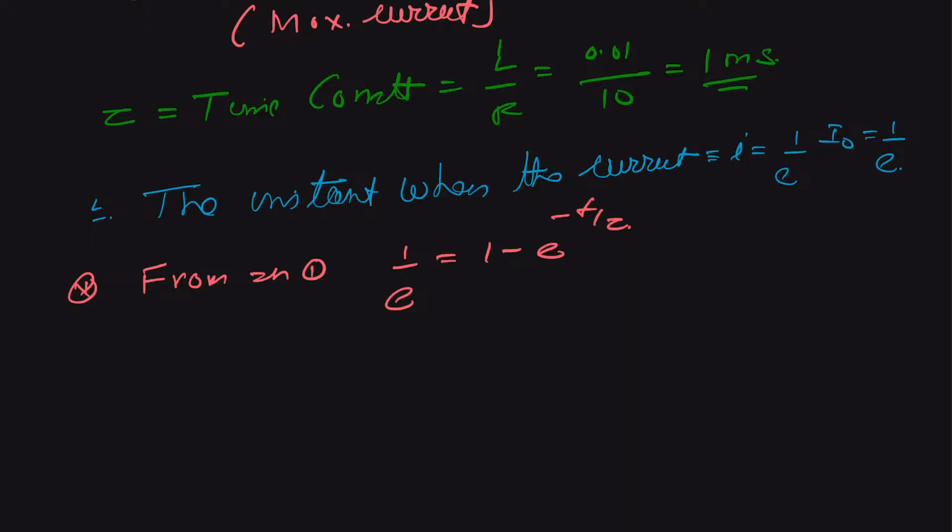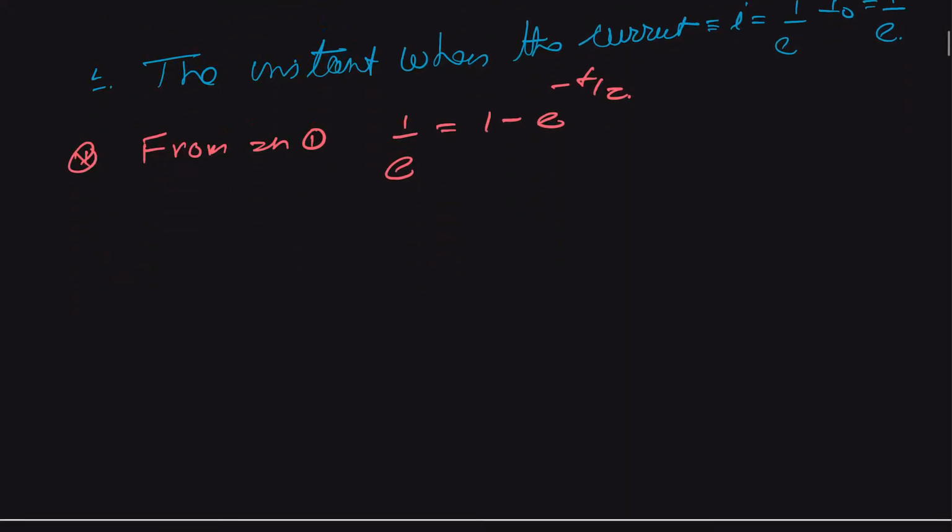Now it is only calculation part, so we can write e raised to power minus t upon tau will be equal to 1 minus 1 upon e, and we can write this as (e minus 1) upon e. Therefore, minus t upon tau is equal to natural log of (e minus 1) upon e.